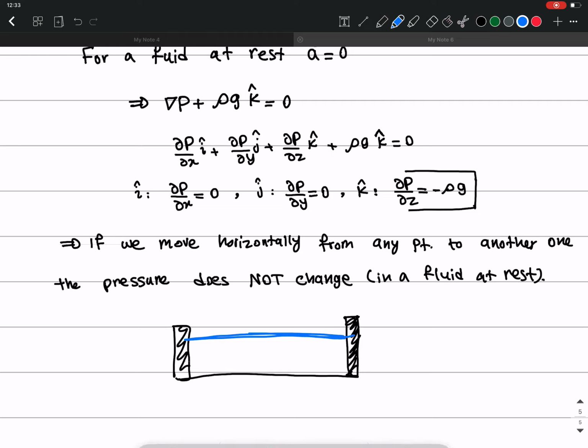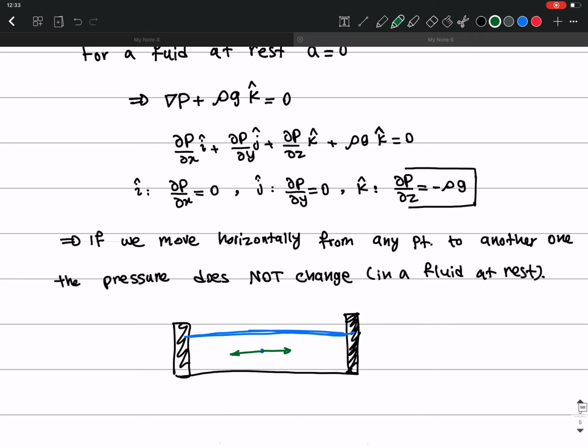So this means if you move in the horizontal direction, in this direction, the pressure is not going to change. So the pressure here, P1, and here, P2, and here, P3, all of them are equal, because we are moving in the horizontal direction.